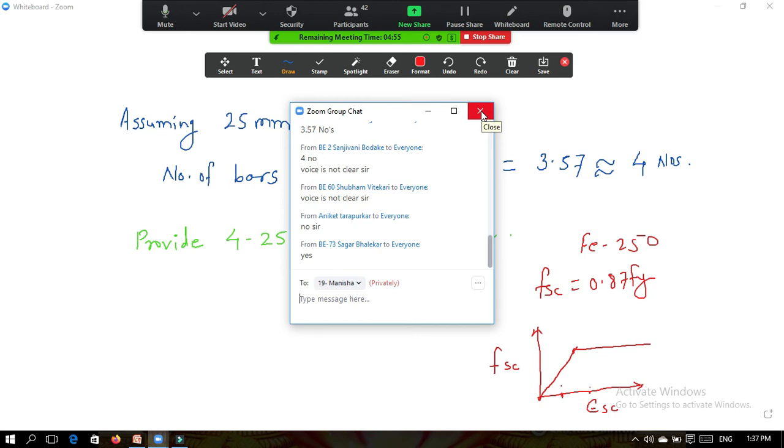Sagar Balekar is saying yes. Aniket Tarapurkar is saying no. Roll number 53 is also saying yes. So check your internet connection.